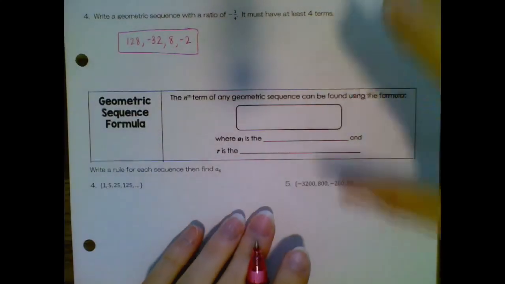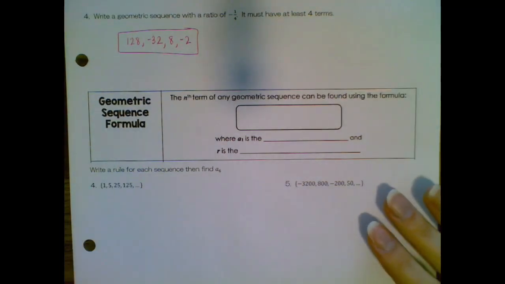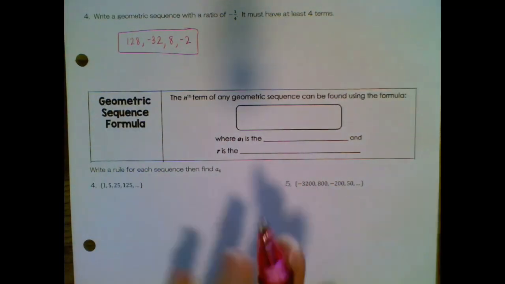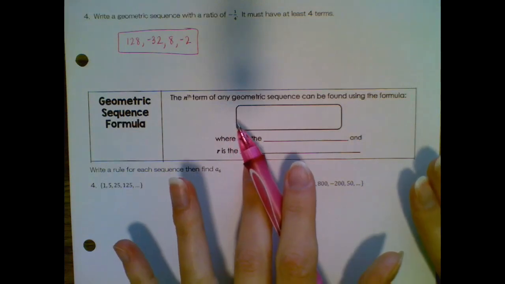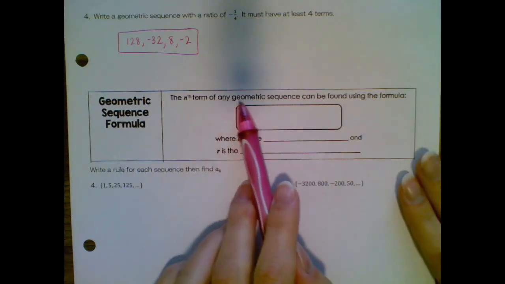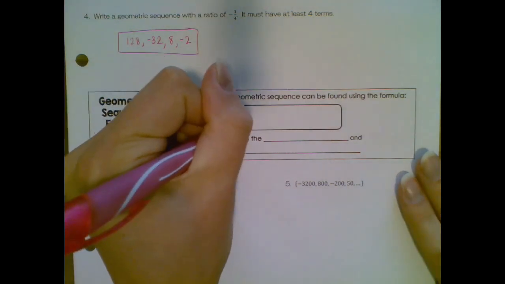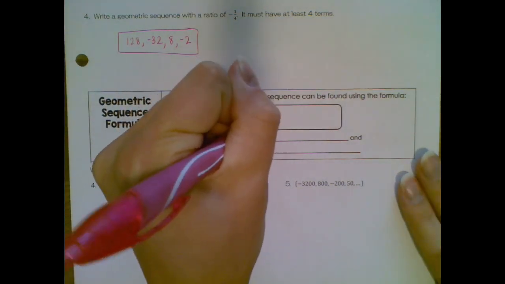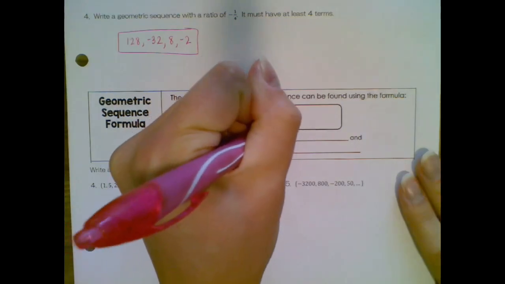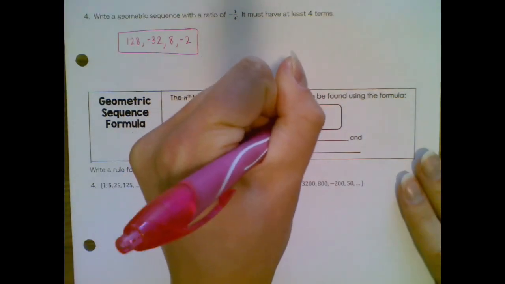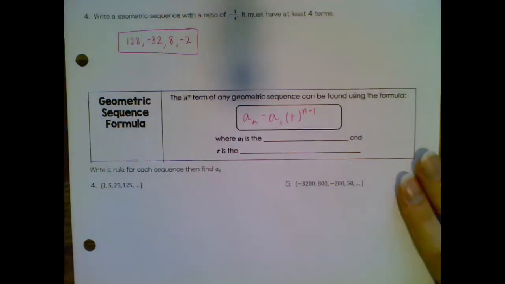All right, let's talk about the geometric sequence formula, okay? So just like the arithmetic sequence, there is a geometric sequence formula. The nth term of any geometric sequence can be found using the formula a sub n equals a sub 1 times r to the n minus 1 power.